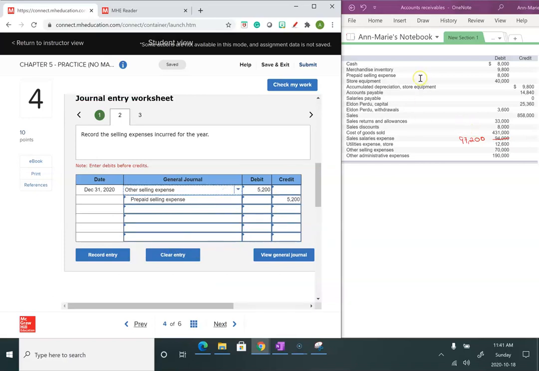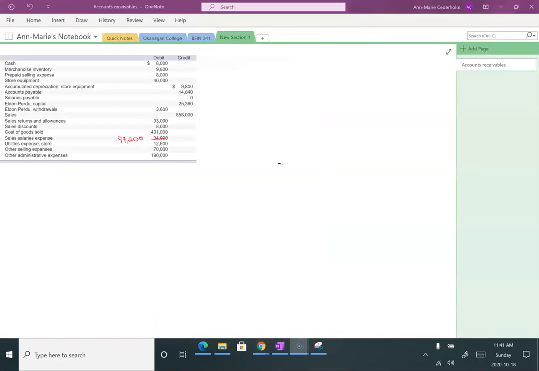And now I'll update my trial balance as well. So my other selling expenses are now $70,000 plus $5,200. And that comes out to $75,200. And my prepaid selling expenses, I have to subtract $5,200 from that.